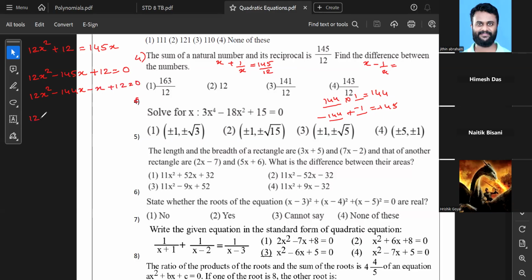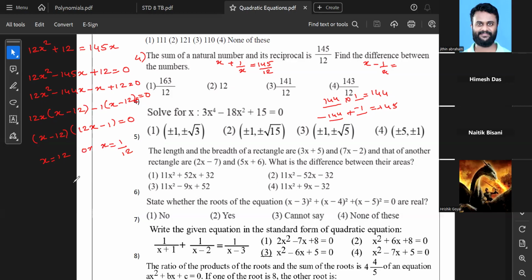So when you take 12x common from here, x minus 12 comes in the bracket. When you take minus 1, you'll get again x minus 12 in the bracket. And your two factorial brackets are x minus 12 and 12x minus 1 is equal to 0. So x equal to 12 is your one answer, and another answer is x equal to 1 upon 12.